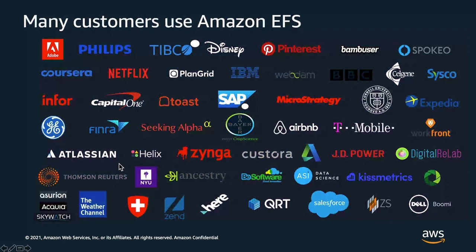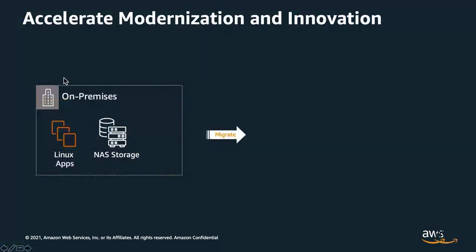Tens of thousands of customers have already put their trust in Amazon EFS. They use this to store their file data and access this file data from many different services in AWS. So typically, the journey of those customers has been that they have been using their Linux applications with some NAS storage on premises.